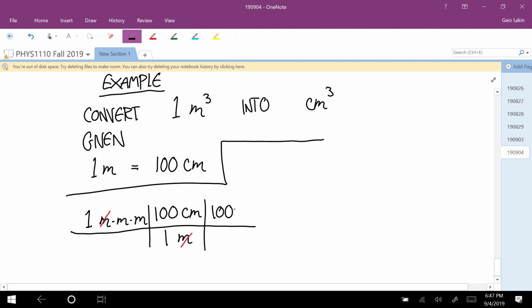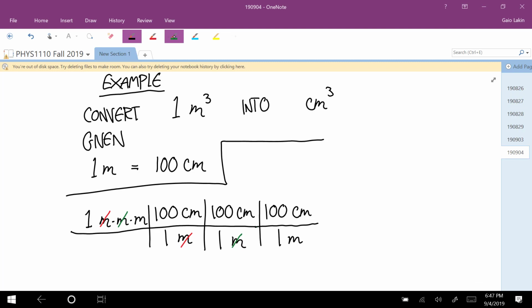So 100 centimeters over 1 meter, you cancel the second one. And then 100 centimeters over 1 meter to cancel the third one. And now the units you have left are centimeters cubed, so that worked out.